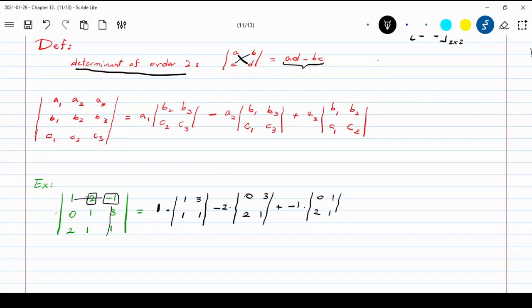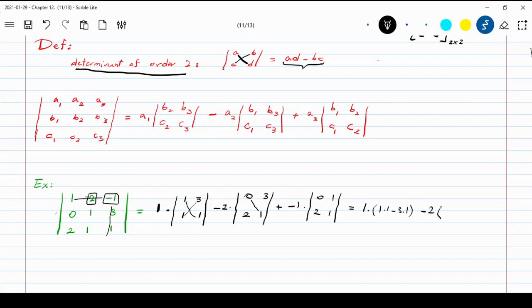There is no memorization behind this, you just calculate. So this equals 1 times the submatrix here: multiply the diagonals, subtract from each other. 1 times 1 minus 3 times 1. If it's numbers, you shouldn't write this, you should be able to do it in your head, but I'm going to write it just to make sure everyone follows.